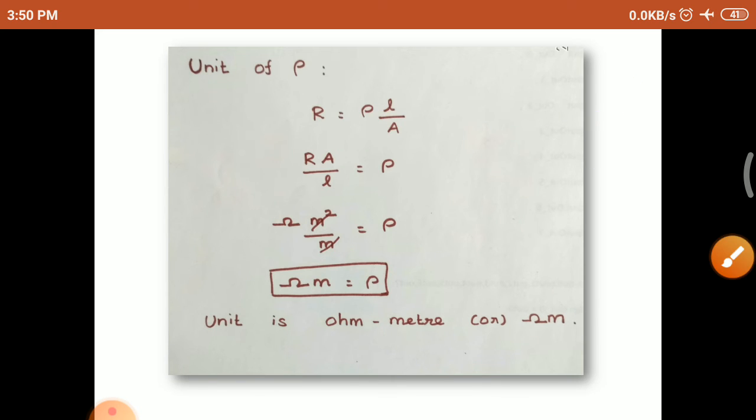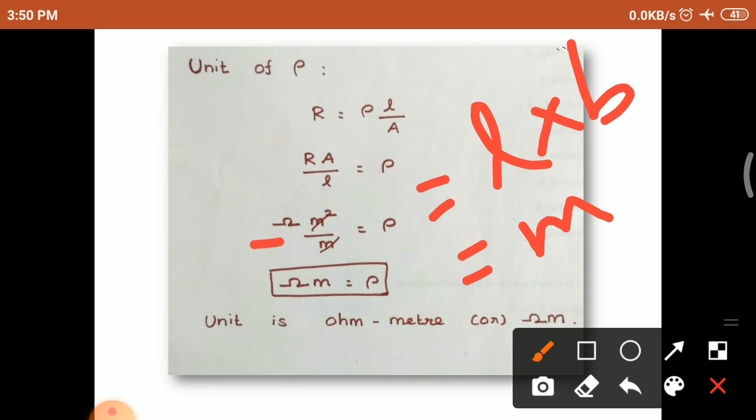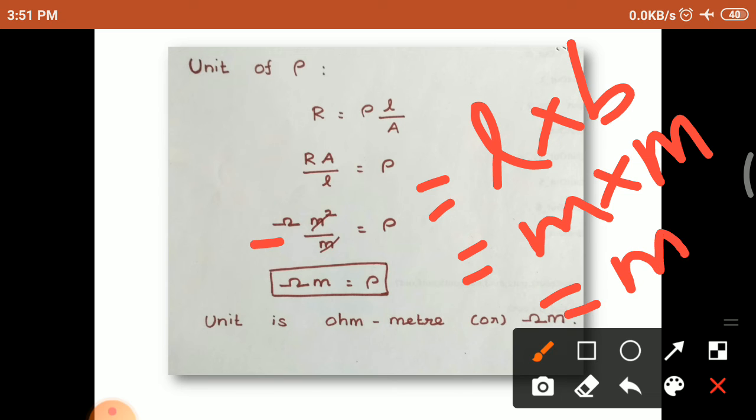You know, the SI unit of R is ohm, and the area means length into breadth. The length is measured in meter, the breadth is also measured in meter, so the whole unit is meter squared. So instead of A, I write meter squared.